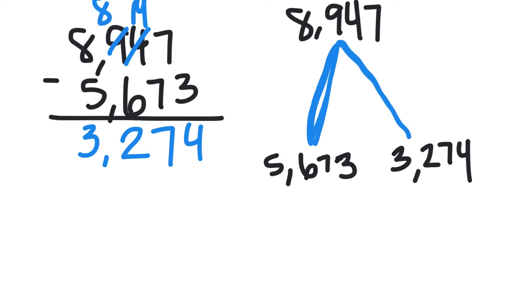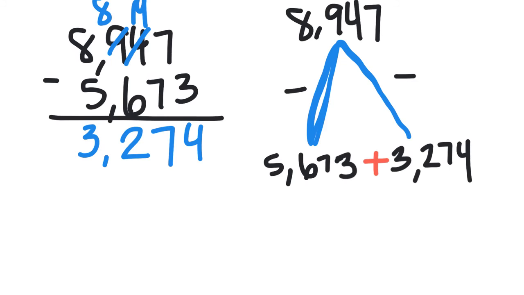Okay. So I know that the two numbers on the bottom of my mountain should add together to get the number on the top. And originally what I did is I subtracted 5,673 from my top number. It would also work if I subtracted 3,274 from my larger number.